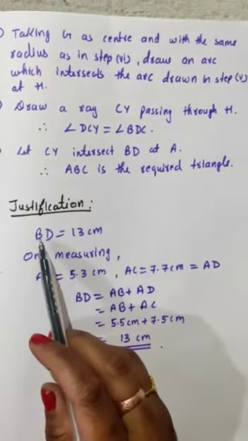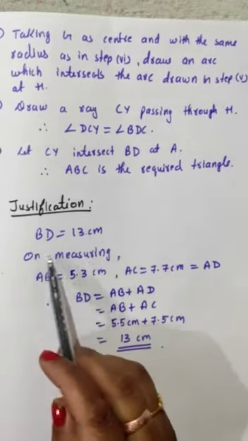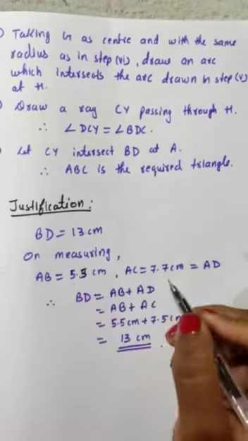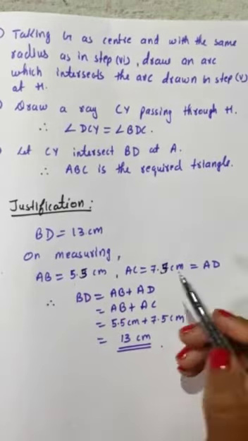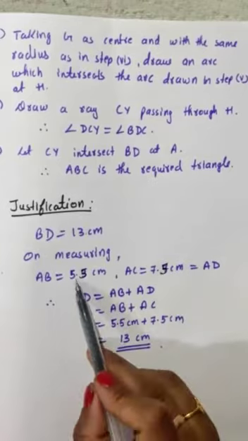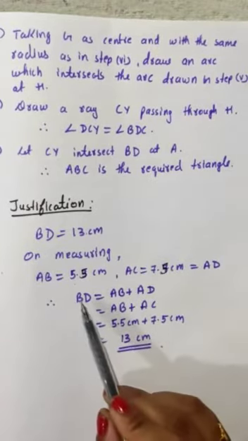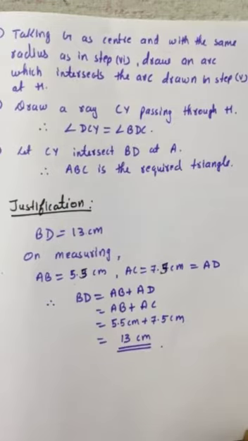For justification, BD was 13 centimeters, given to us. On measuring, we got that AB is 5.5 centimeters and AC is 7.5 centimeters. So 7.5 and 5.5 give us 13 centimeters. This way we have got that the sum of the two sides is 13 centimeters, the base is 7 centimeters, and the base angle is 75 degrees.